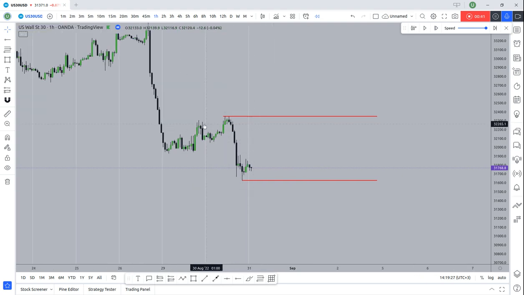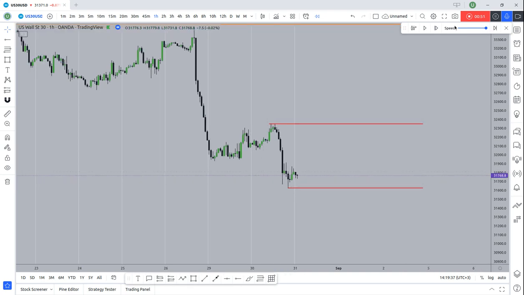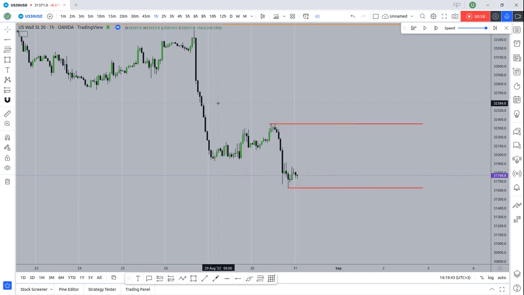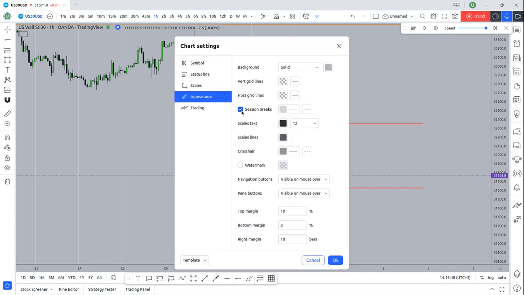So I do use a days divider, basically to be able to tell what day it is. What you do is click on the settings, or you can even right click settings, and then you see this option that says session breaks.